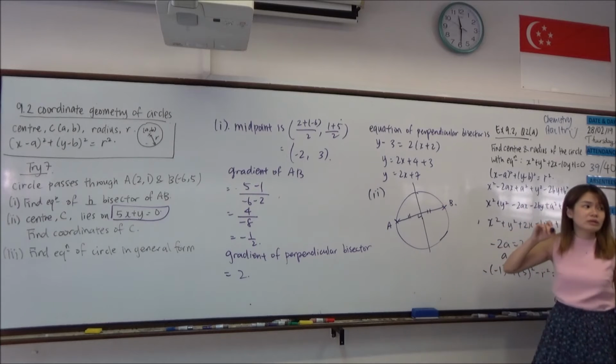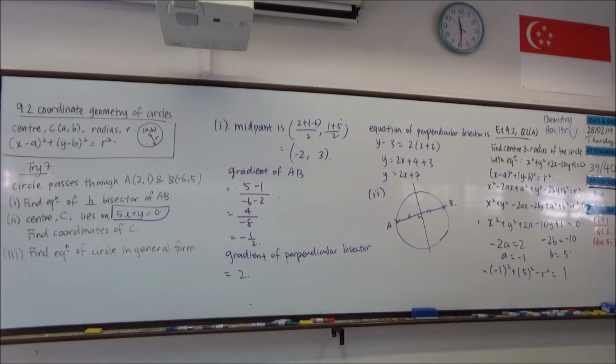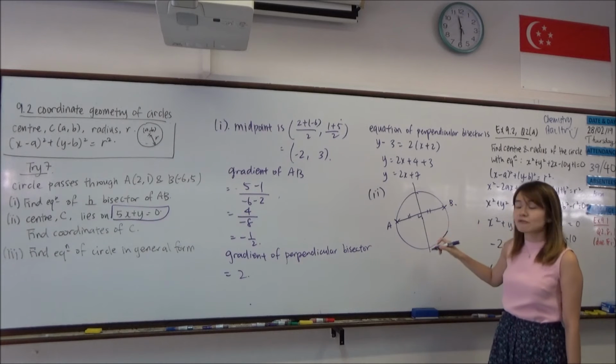Okay, in E-maths, when we look at circle properties, we have learned that the perpendicular bisector of the chord will actually have to pass through the center.